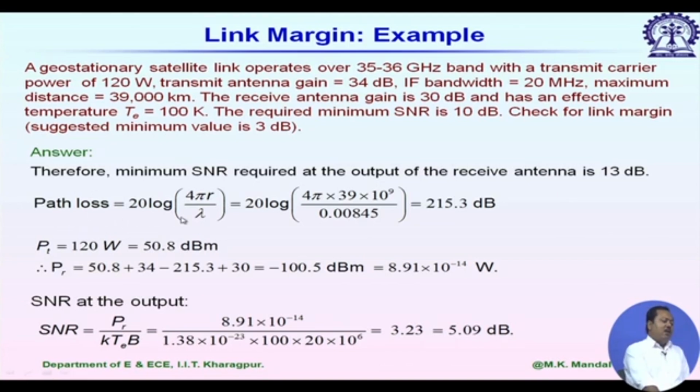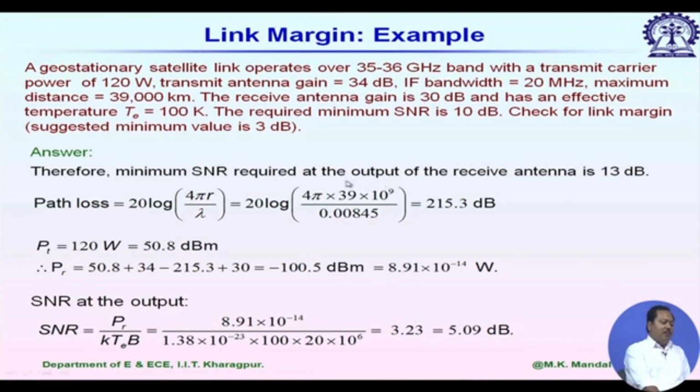This is 20 log (4 pi r by lambda), where r is given as 39,000 kilometers. So, it is 39 multiplied by 10 to the power 9 divided by the lambda value, 0.00845 meter. You can calculate the free space wavelength at 35.5 gigahertz; it would come to 0.00845 meter.